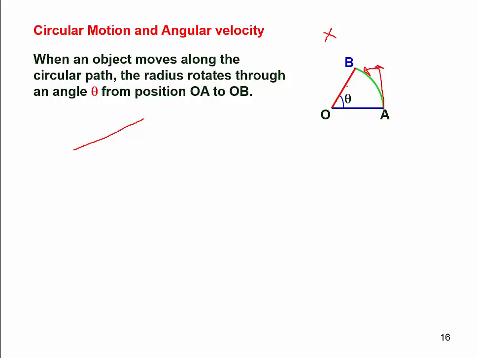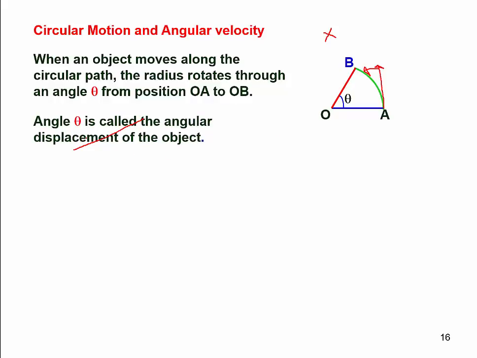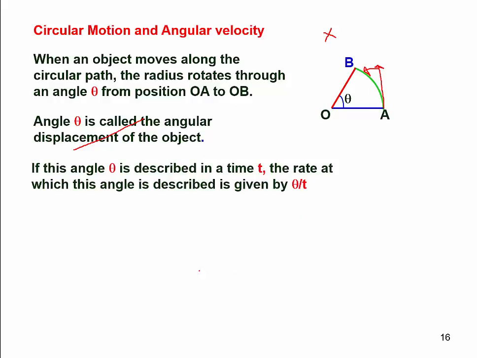So here, the radius of the circle changed its position from the initial position OA to the final position OB, and we have an angular displacement here. So angle theta is called the angular displacement of the object moving along the circle.